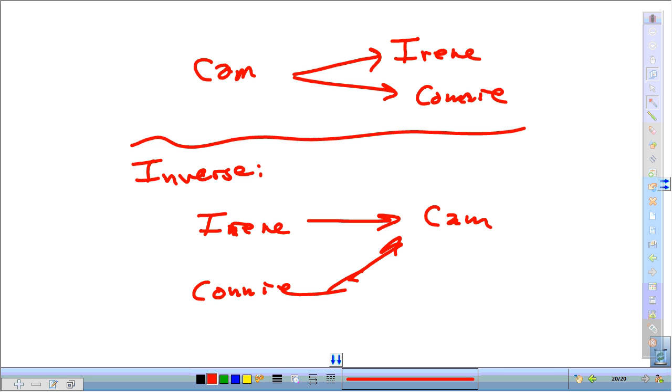So sometimes it's useful to look at a relationship one way and then to come back and look at the relationship in the reverse order. But it's a different relationship because you don't get the same ordering.